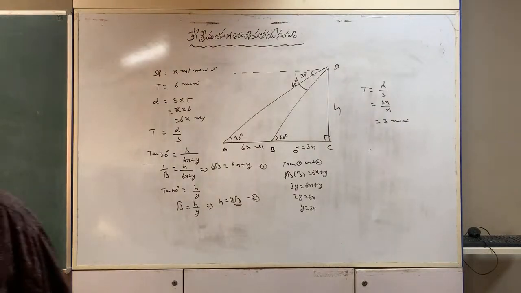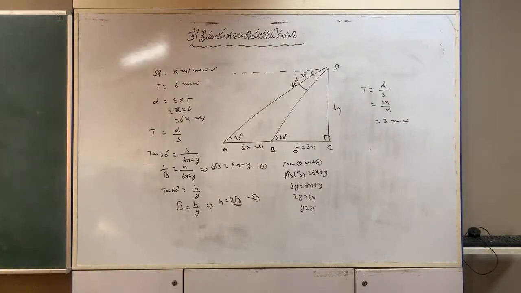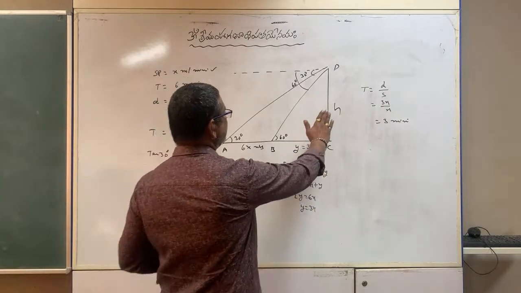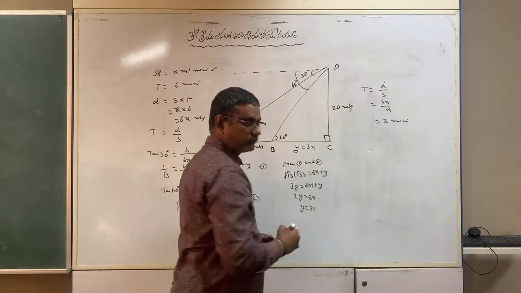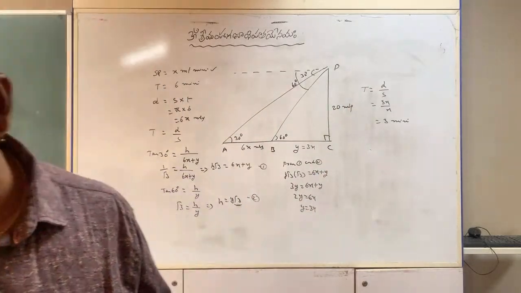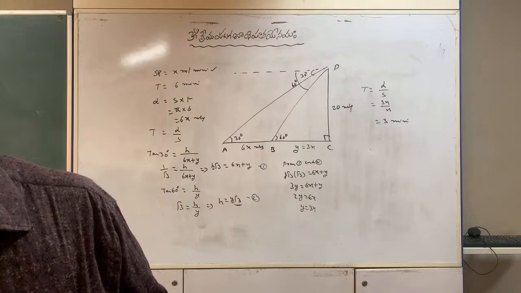Next, if the height of the cliff is 20 meters, then find the distance between the two positions.